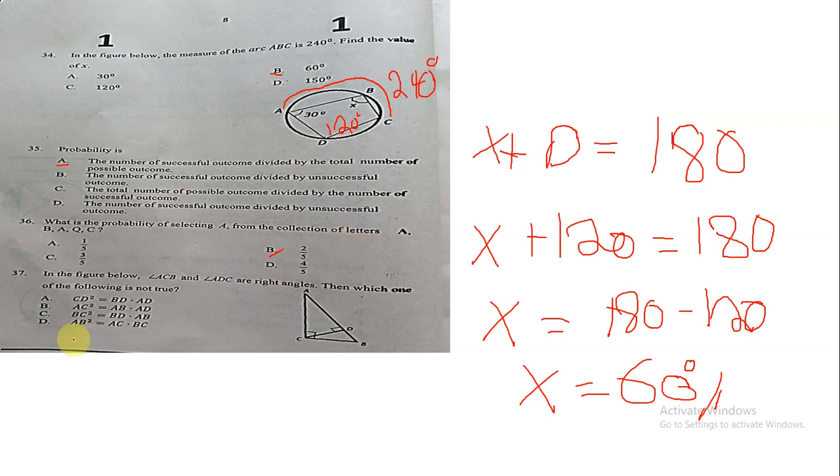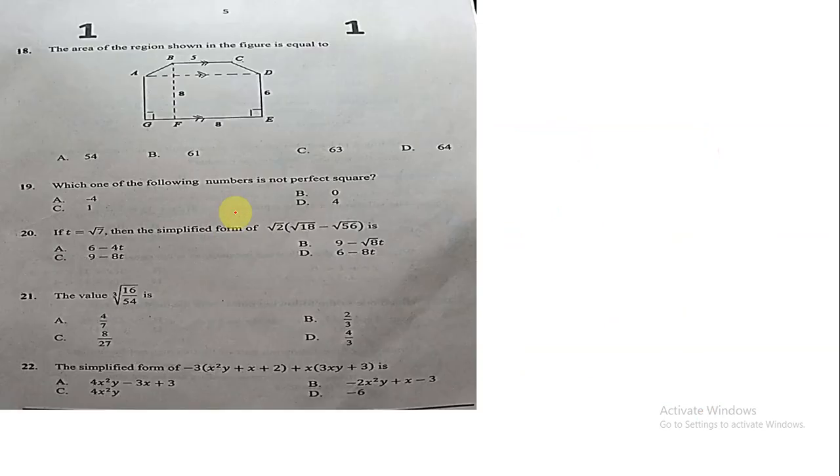The answer is the last one, which is AB squared is equal to AC times BC. This one is not correct. Okay, now let's go for the next page.